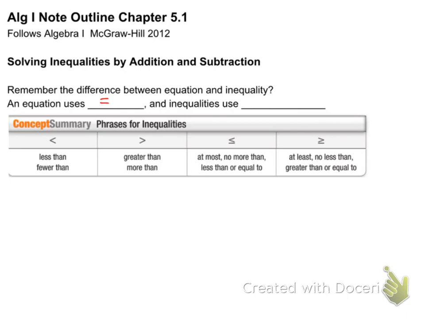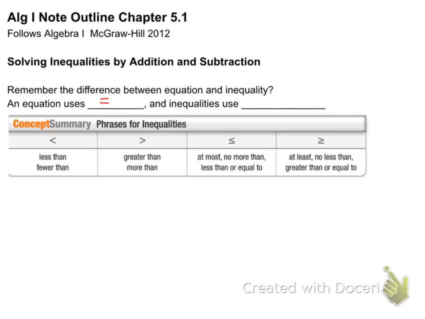What's the difference between those symbols? What do you see here is different? Yeah, Zach? One has a line underneath it. Yeah, these ones have lines underneath it. What you can think of is that it's the other half of the equal sign, so therefore it's less than or equal to, greater than or equal to.